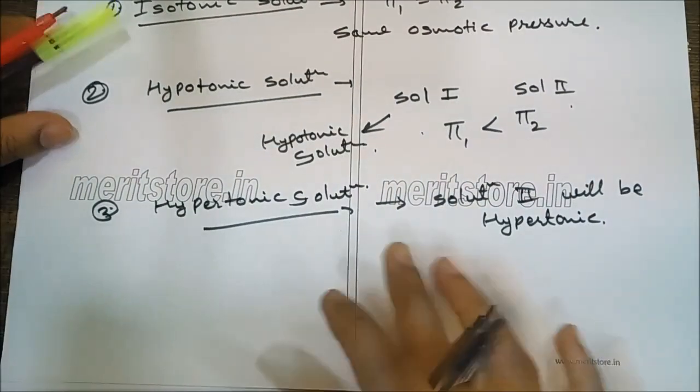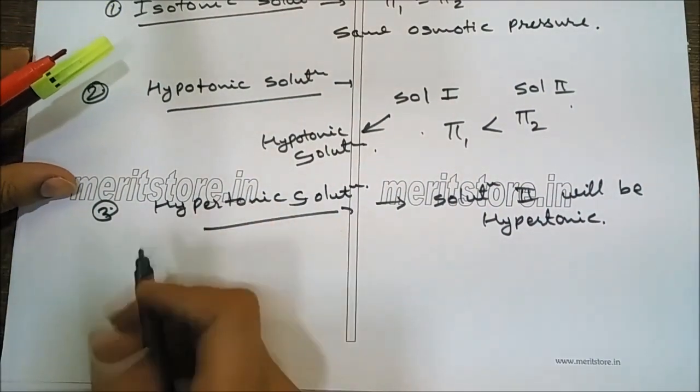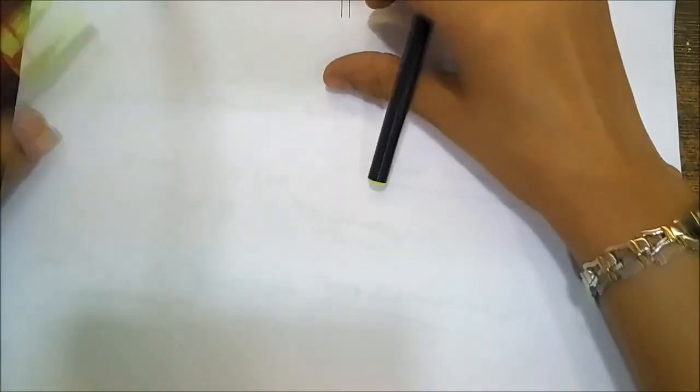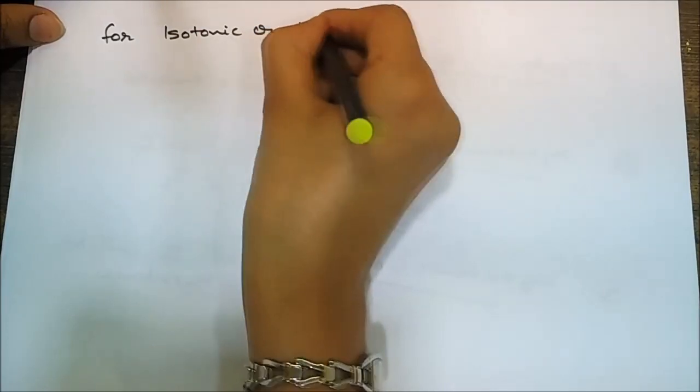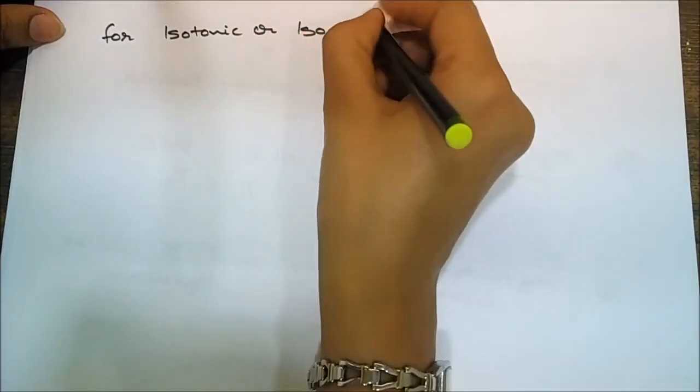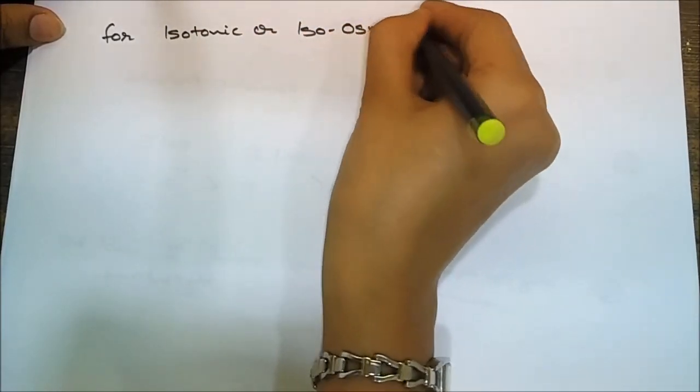For isotonic or isoosmotic solutions, we can write the formulas. Isoosmotic solutions are those having the same osmotic pressure.